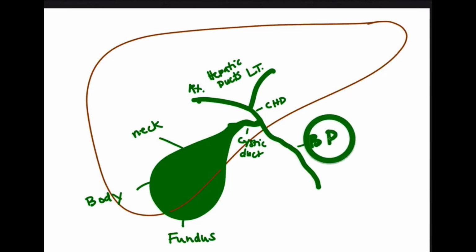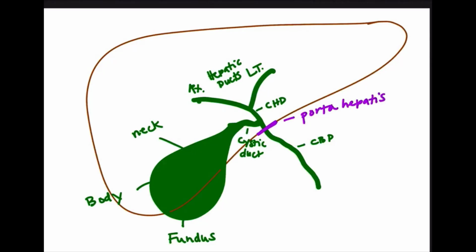Once you've imaged the gallbladder in both supine and decubitus positions, you will also want to evaluate the ducts as they are inside the liver, creating the common hepatic duct, and as they are outside of the liver, creating the common bile duct. Identify where the porta hepatis is by looking for the break in the liver tissue.